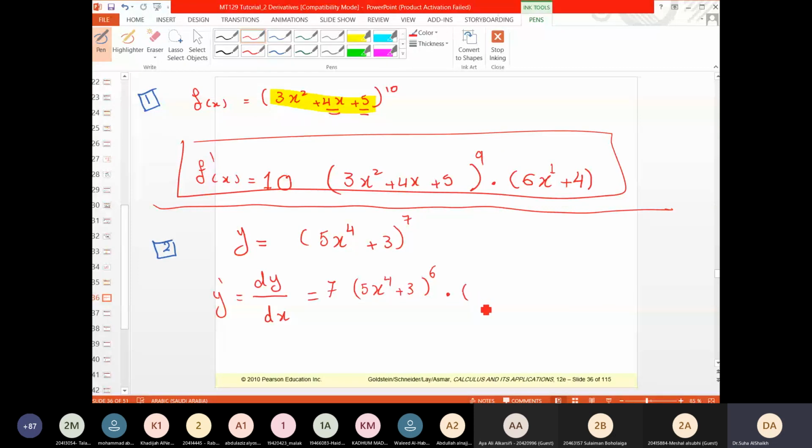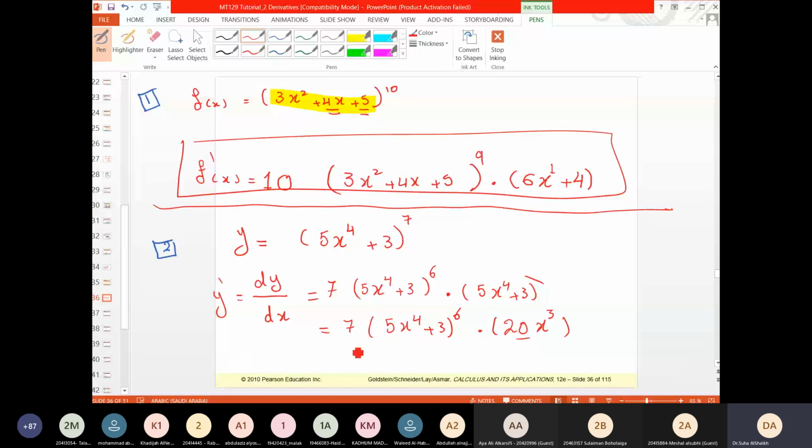No. I have to multiply with the derivative of 5x^4 plus 3, the derivative of what's inside the bracket. This equals 7 times (5x^4 plus 3) to the power 6, and the derivative of this one is, excellent, 20x to the power 3, and that's it.